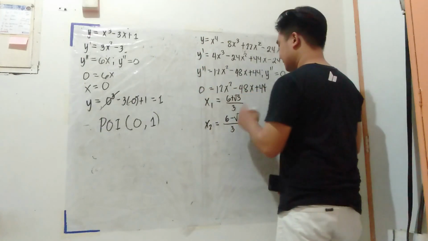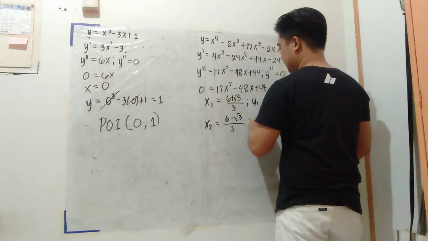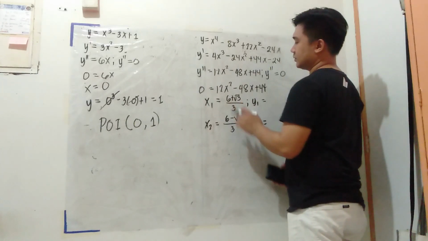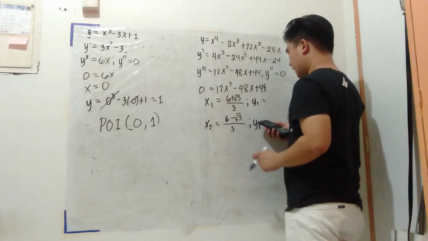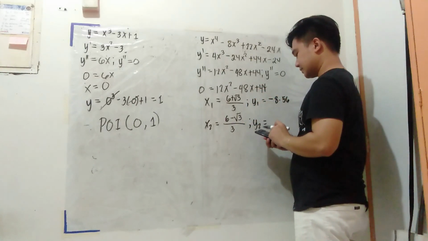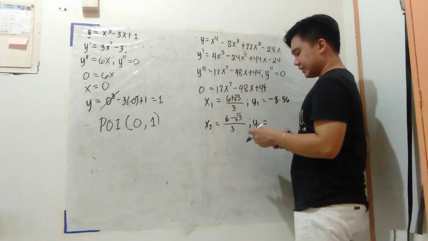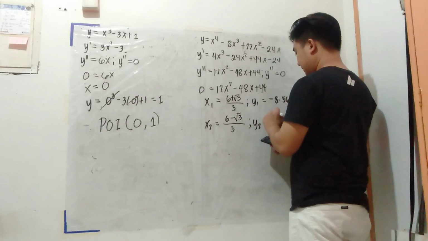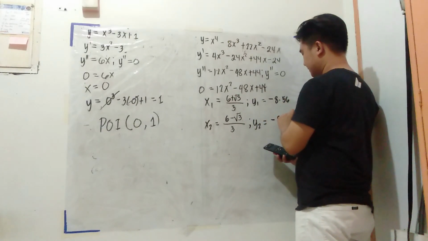Okay? So, set natin y1, y2. So, at x1, ang value natin is negative 8.56. At x2, ang value ng y2 natin is negative 8.56 pa din po.